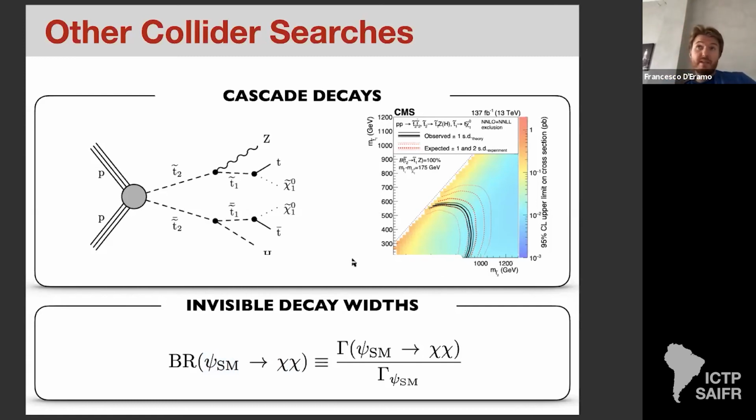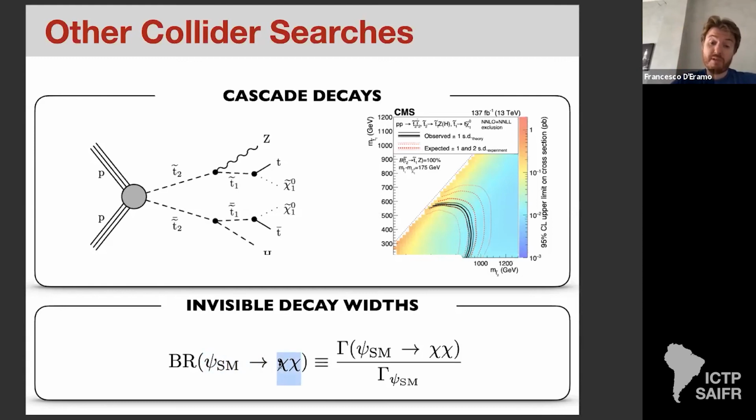The Z boson has a mass of more or less 91 GeV. So the dark matter mass cannot be above, let's say, 45.5, 45.6 GeV. If it's below 45 GeV, then this process is kinematically allowed.